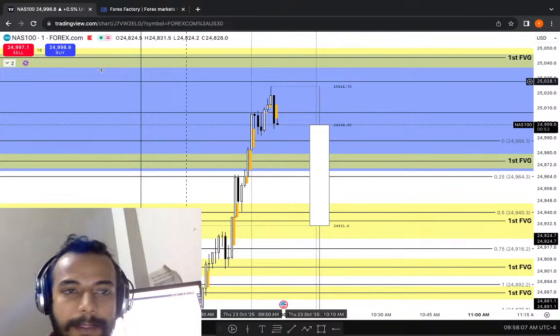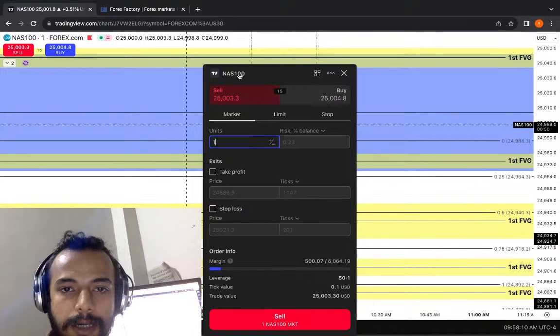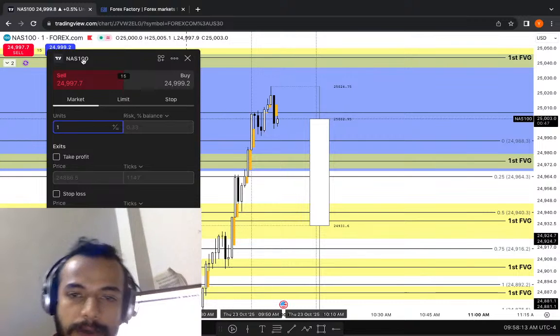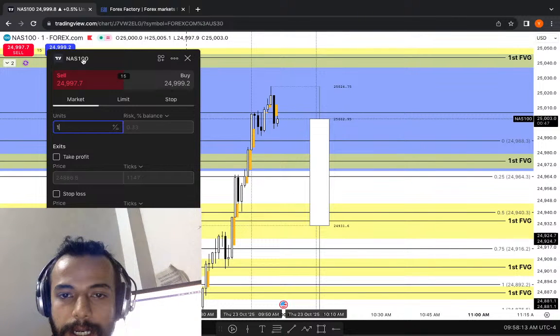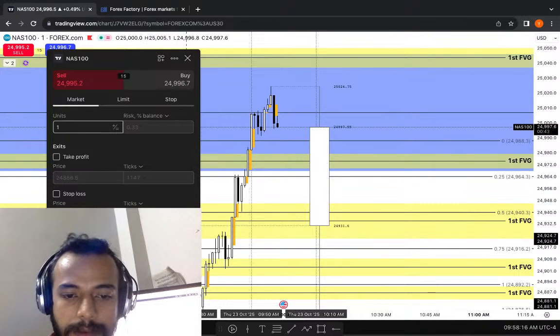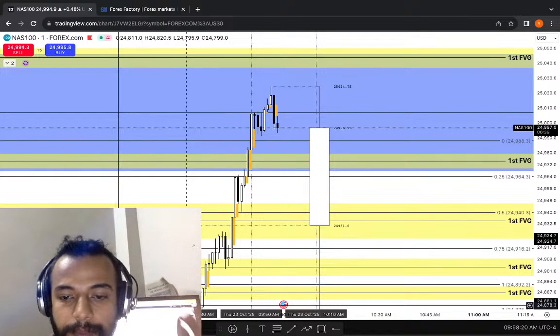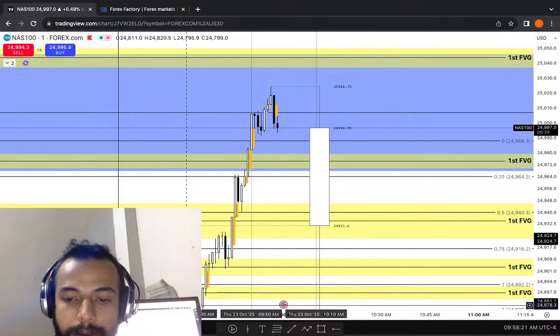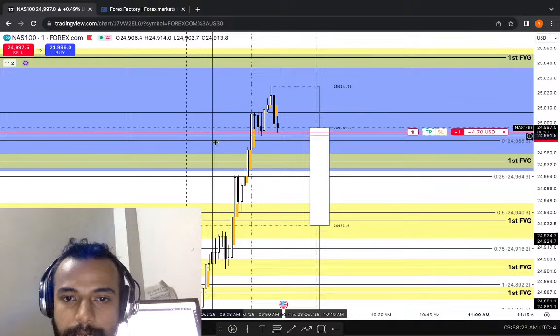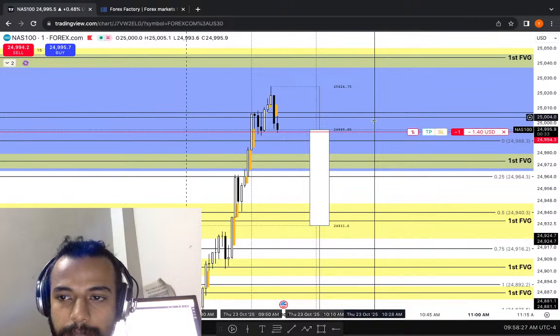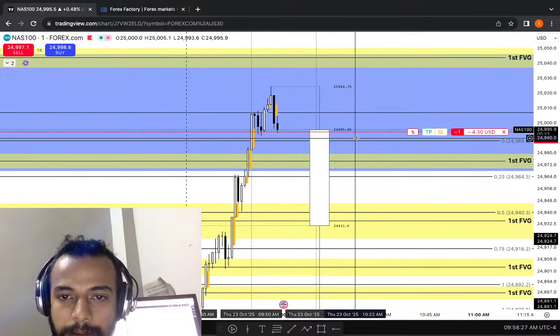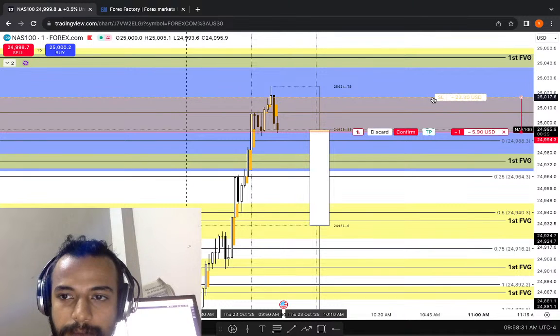Okay, so I'm trying to take a small trade. I'm trying to short Nasdaq because it has rallied higher. I got the bad fill there. My SL is right above here.